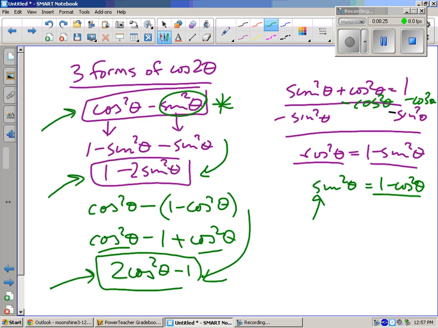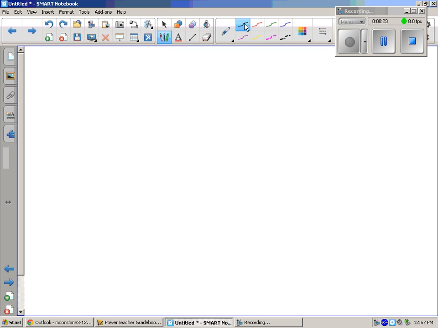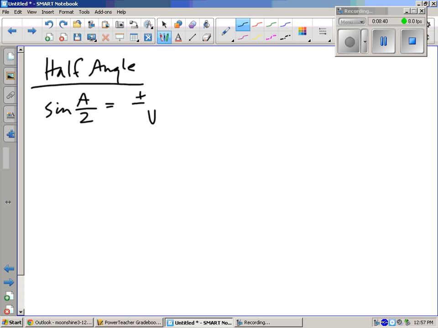Okay. Next is half angle formulas. All right. Half angle. So the sine of A over 2, see I cut the angle in half, is equal to plus or minus the square root of (1 minus cosine A) over 2.